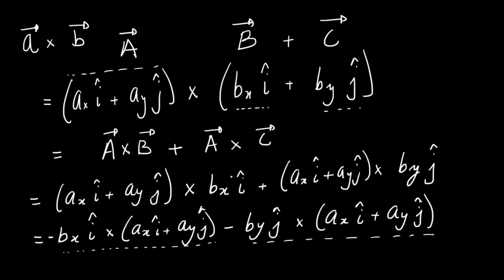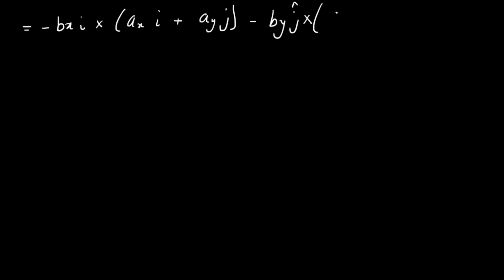So let me just transfer this to the next page. BXi cross with AXi plus AYj, minus BYj cross AXi plus AYj.